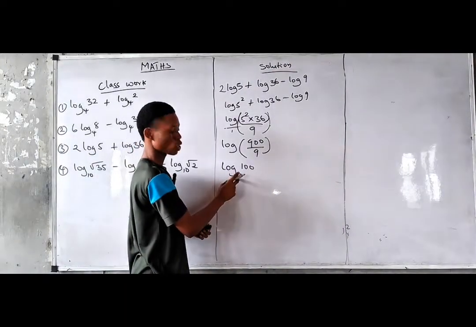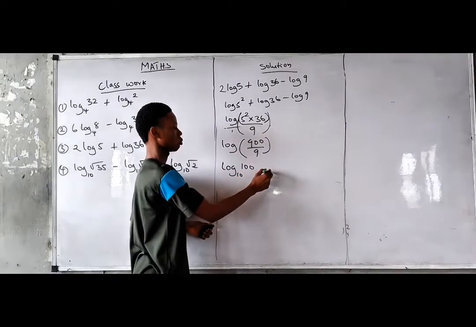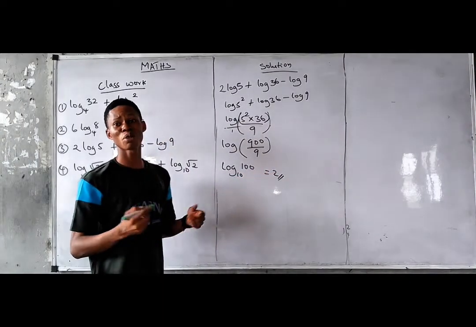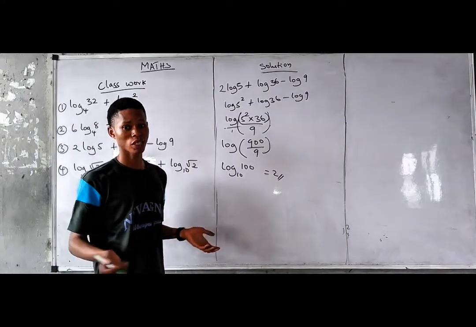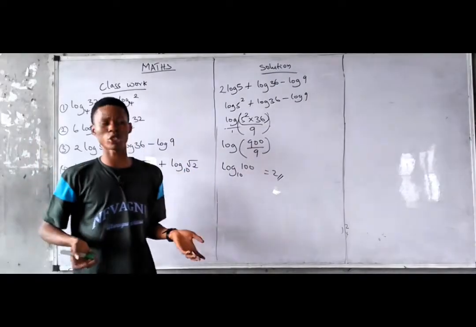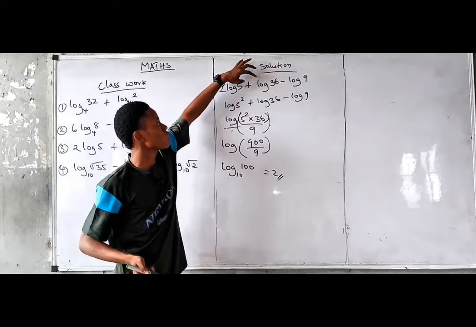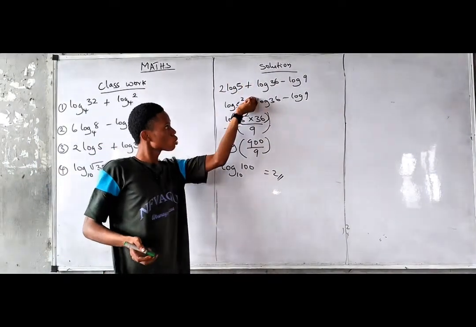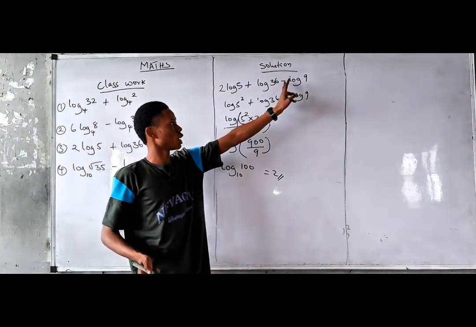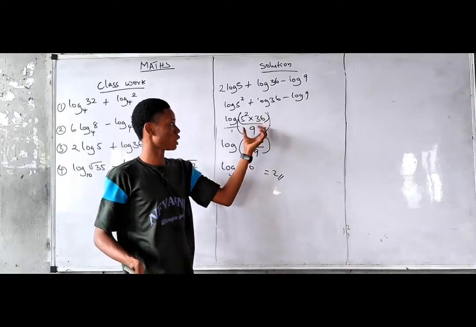So 10 raised to power what to give you 100? That's all. There are other methods you can use. Just what we just used here is addition law and subtraction law. Addition law, since it's addition, what you do is you multiply. Subtraction, you divide. That was what we did here.